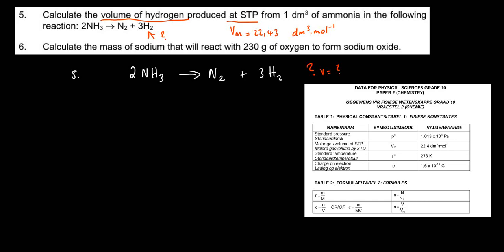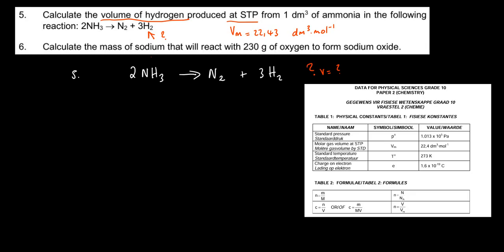So for your paper two, remember, like I said, you need to know these formulas. STP is standard temperature and pressure. What is that standard temperature and what is that standard pressure? Because when I say standard temperature and pressure, it means there is a standard temperature and then there is a standard pressure. The standard pressure is this one.